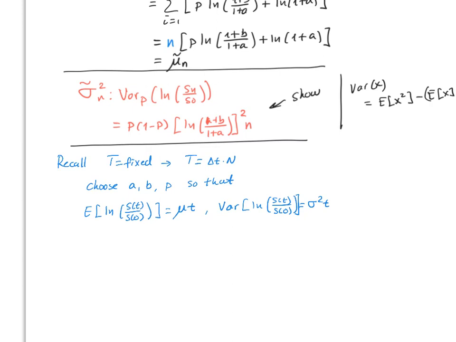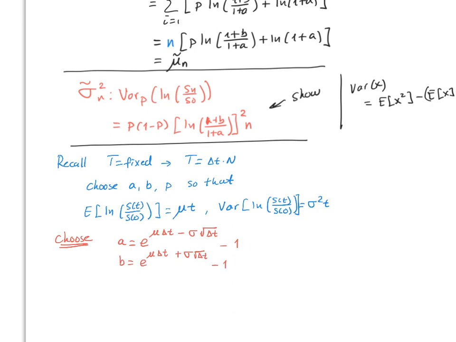So this is what we're gonna do. Let's say that we choose, and you'll see why we make these selections later, a to be equal to e to the mu delta t minus sigma the square root of delta t minus 1, and b is equal to e to the mu delta t plus sigma the square root of delta t minus 1.